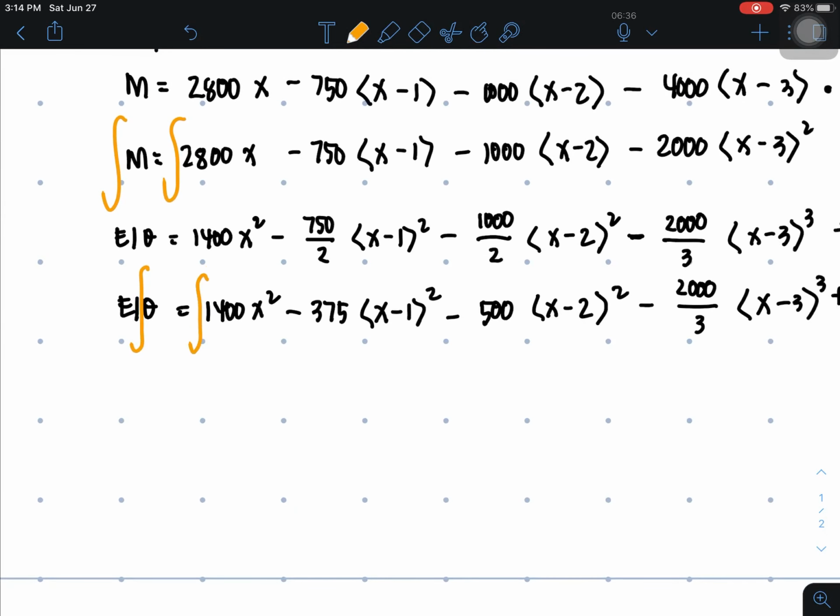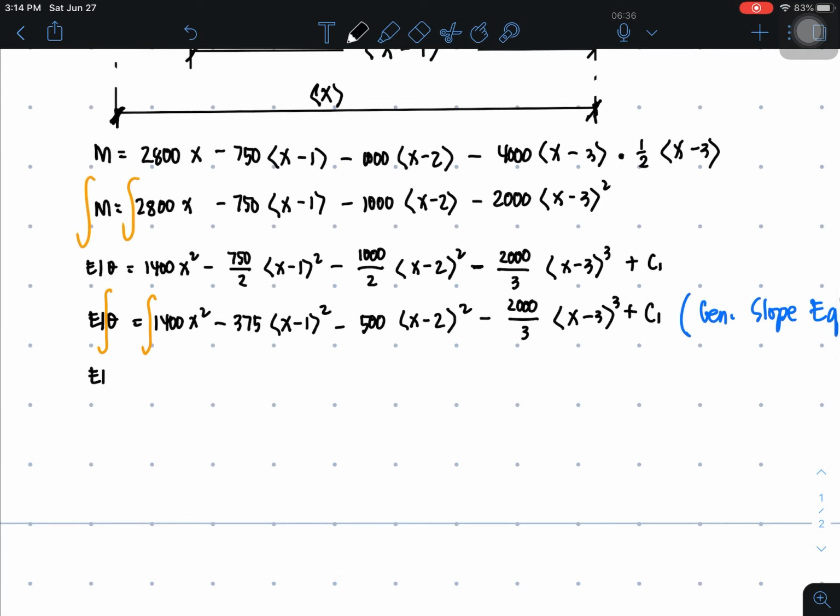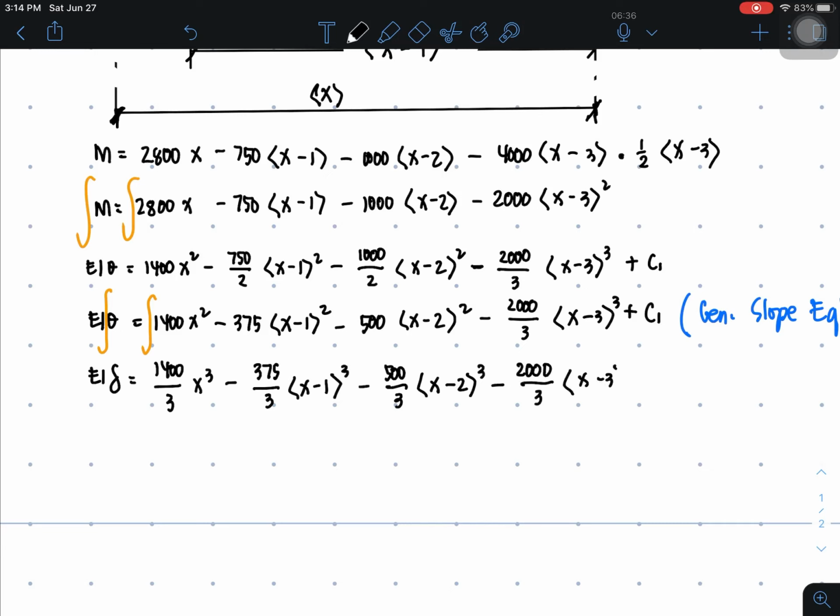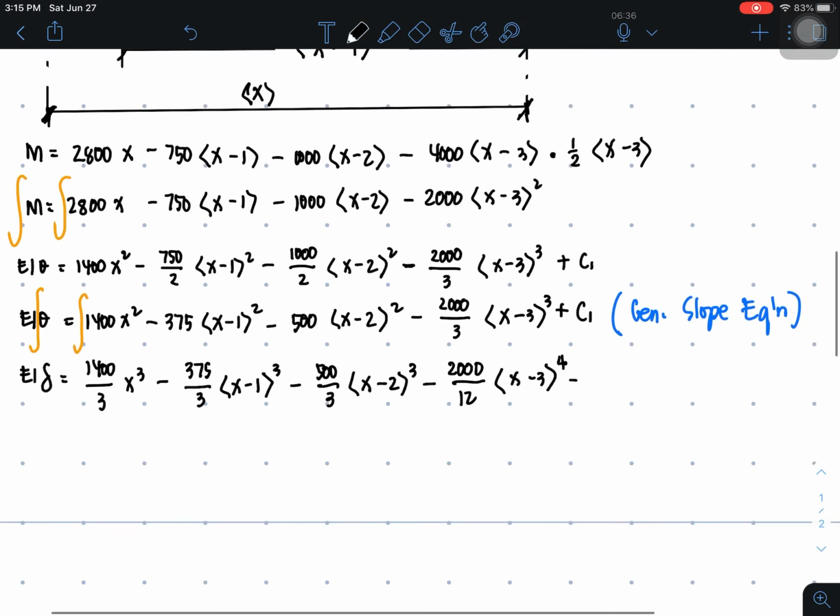So, this is going to be EI of deflection equal to 1,400 over 3, x cubed, minus 375 over 3, x minus 1 cubed, minus 500 over 3, x minus 2 cubed, minus 2,000 over 3, x minus 3 to the 4th, which becomes 12. Then, plus C1x, then plus C2.